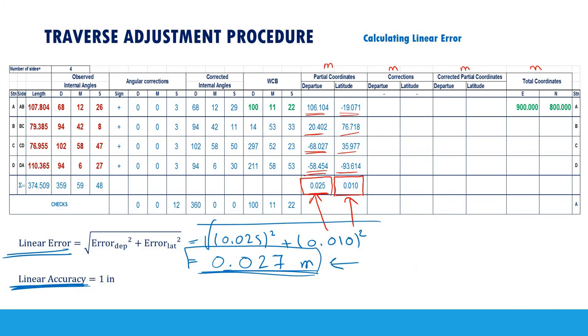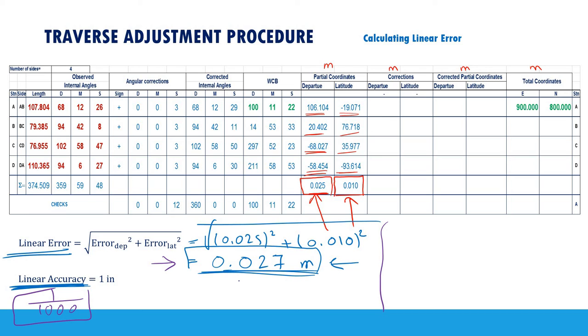Okay, now after we have calculated the linear error, guys, we are going to calculate the linear accuracy in the form of 1 to something, because usually in projects you would be given, for example, an allowable error, such as 1 to 1000 for linear accuracy. So you need to calculate your linear accuracy in this format so that you can compare your error against the allowable error.